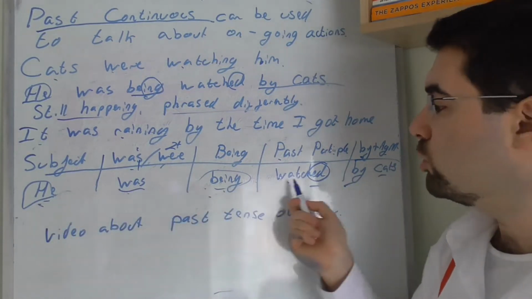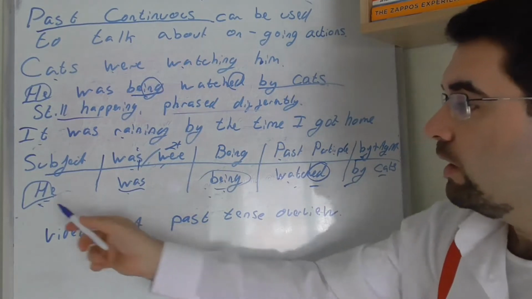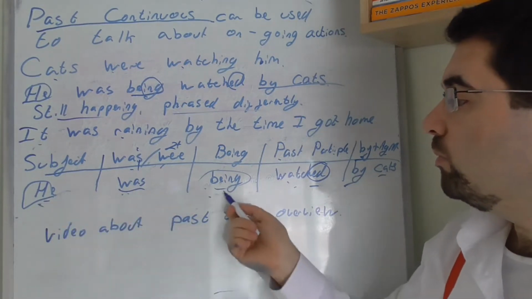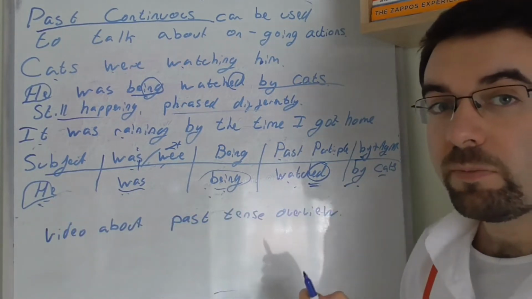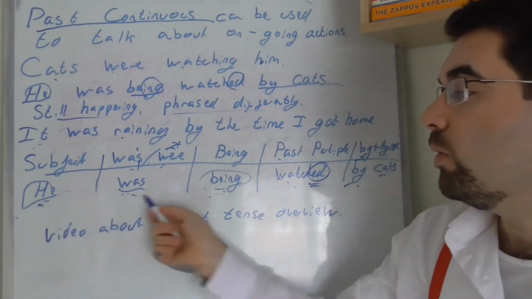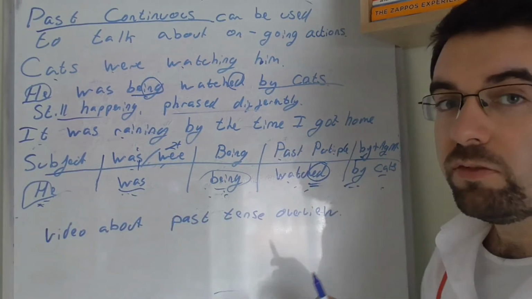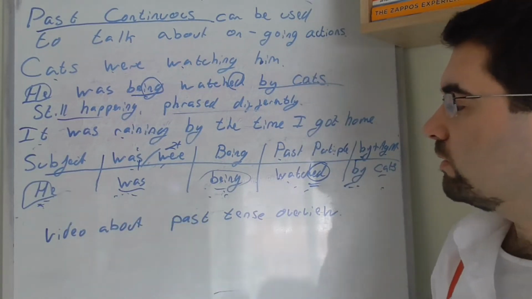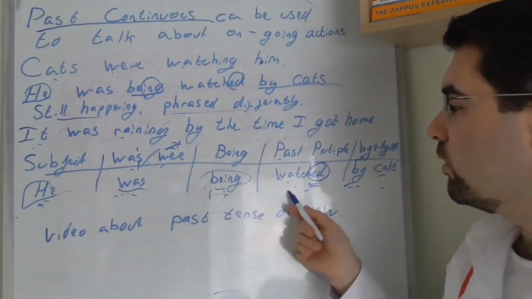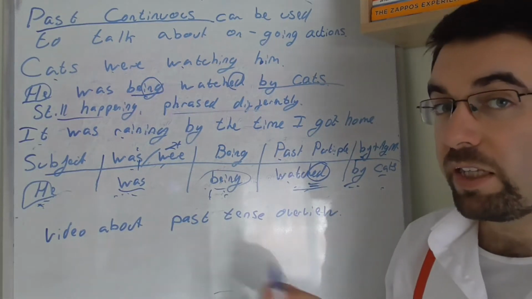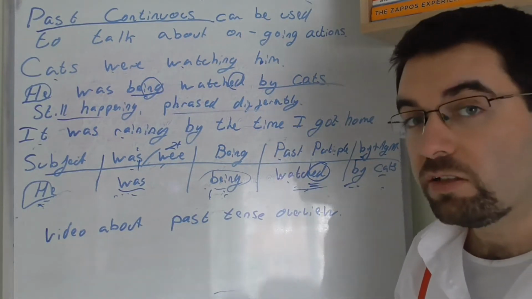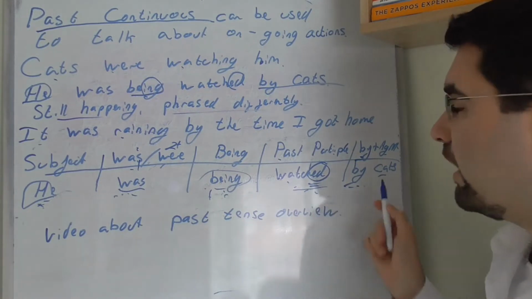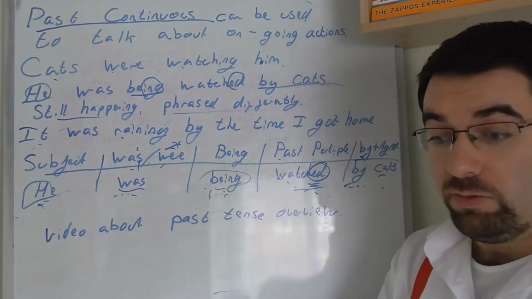He was being talked to by his family. They were being naughty together. They were being naughty by themselves. It was being quiet, not quieted, quiet. It was being quiet by itself.